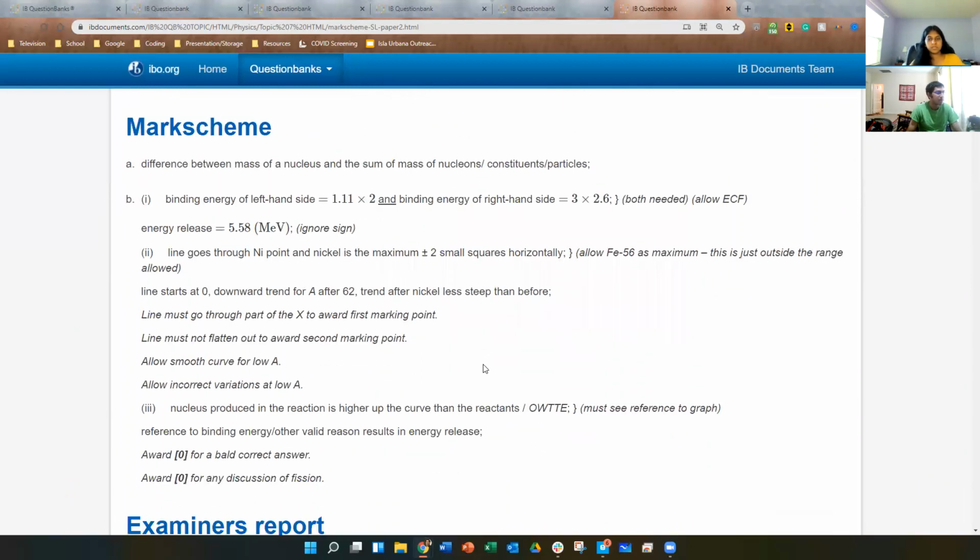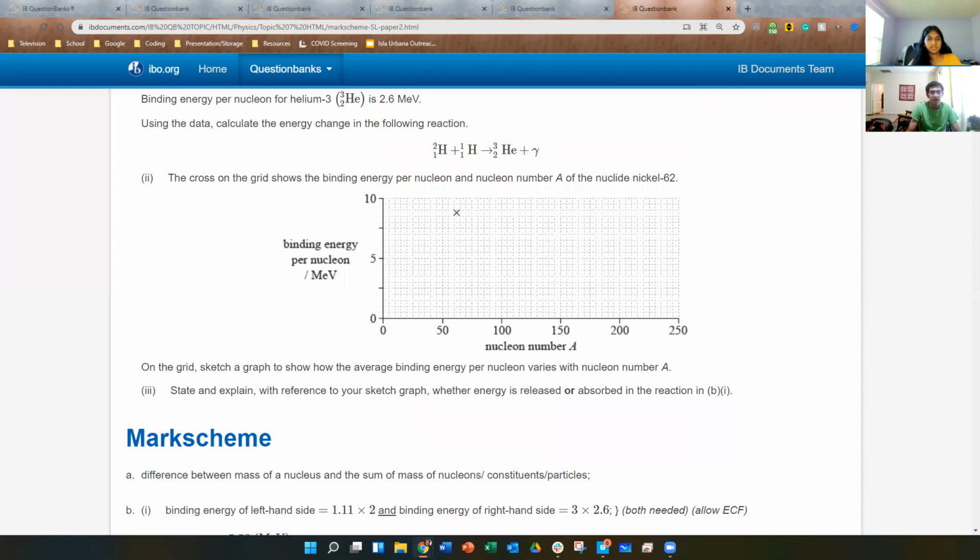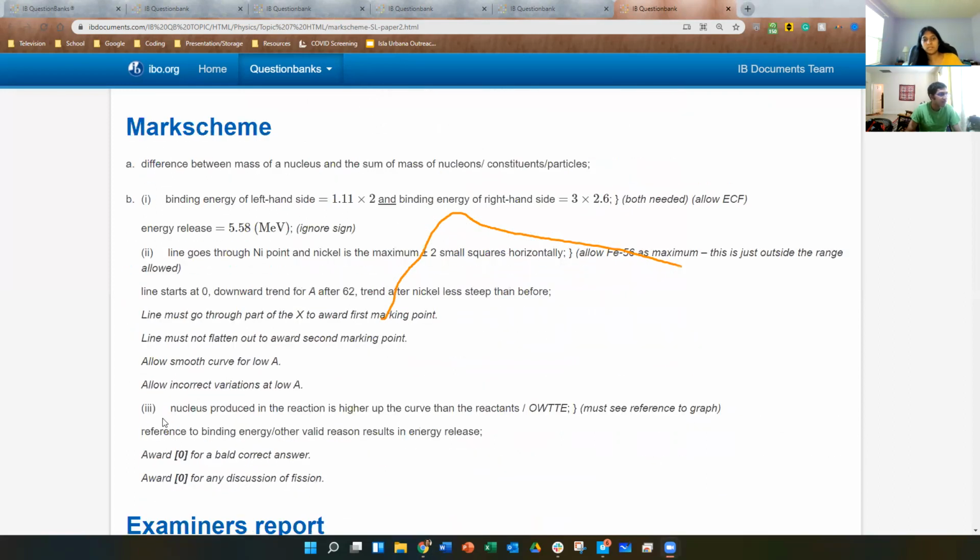Also, when you're doing the graph, it needs to look like this, and it can't go down all the way. I don't know if it's completely straight. It's the weird wording here. It says line must not flatten out towards second mark. What does that mean?